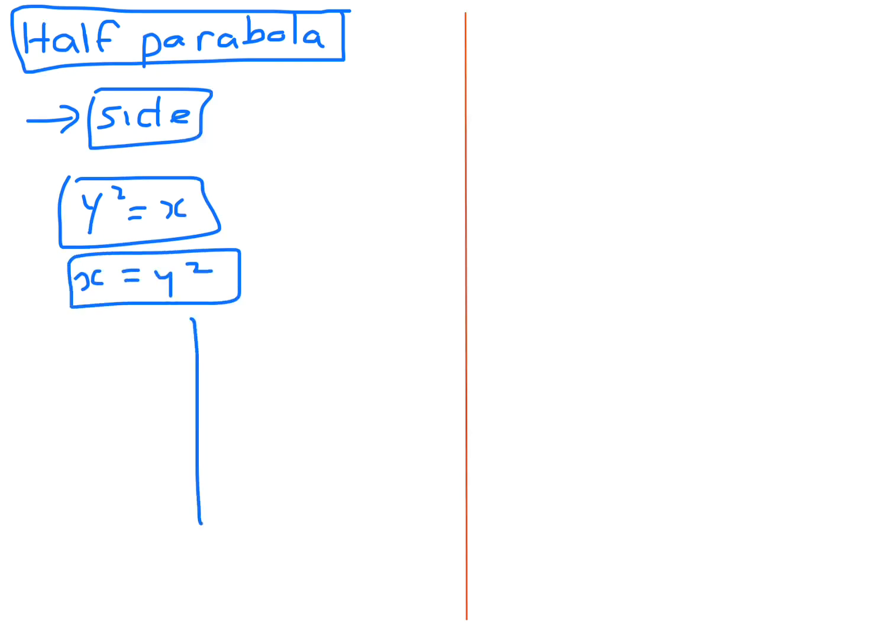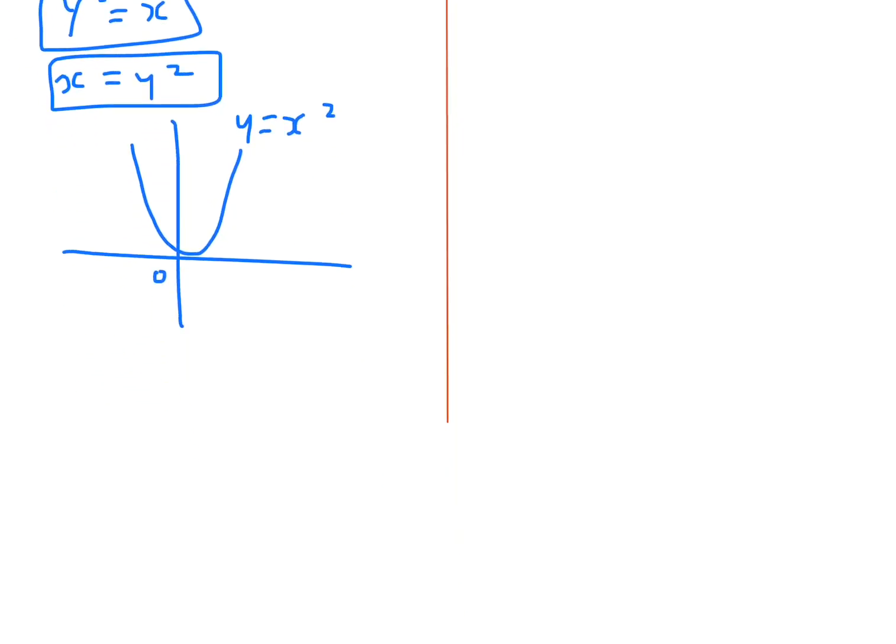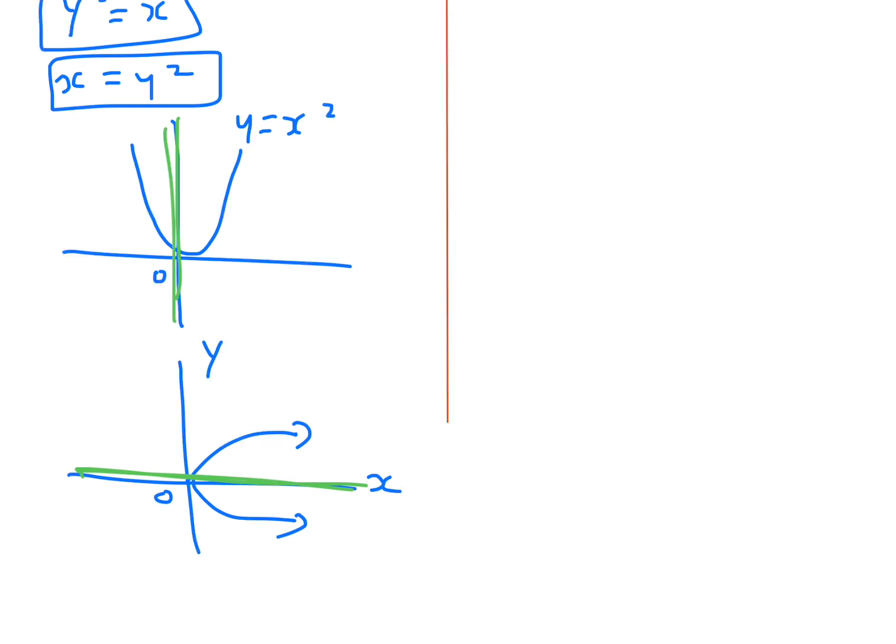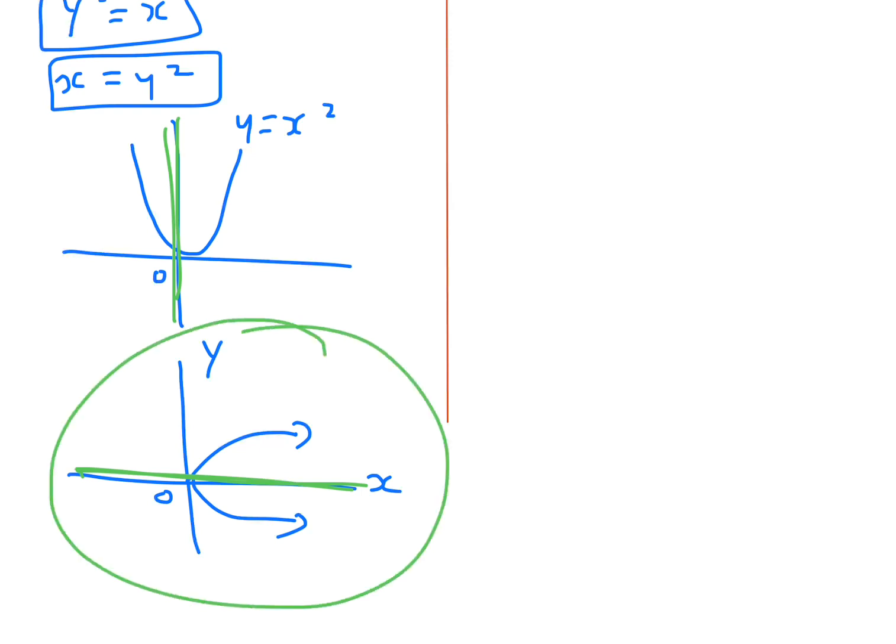Instead of going the normal way, like y equals x squared, x equals y squared flips around and goes along the x-axis, and the x-axis is the axis of symmetry instead of the y-axis. So if you look at this one here, for example, this one here is x equals y squared.